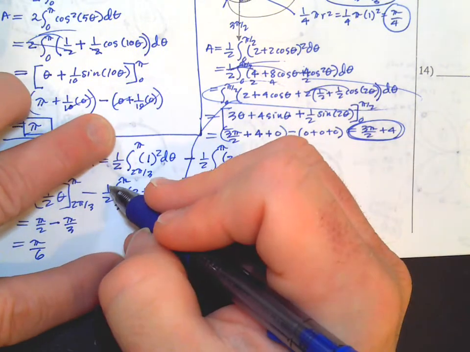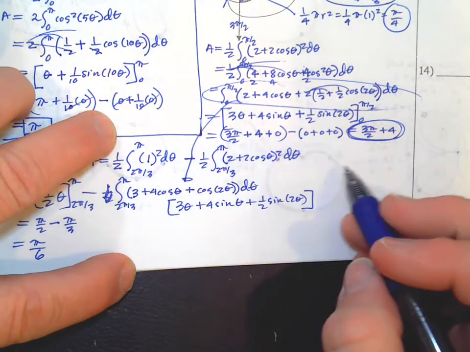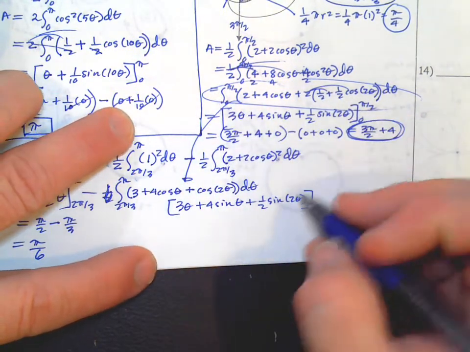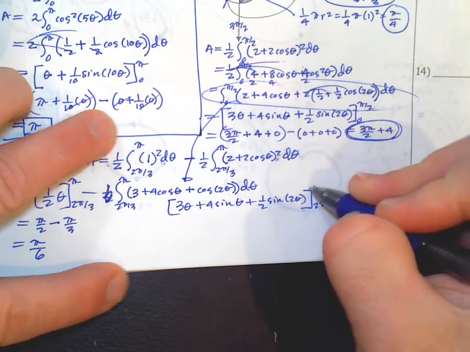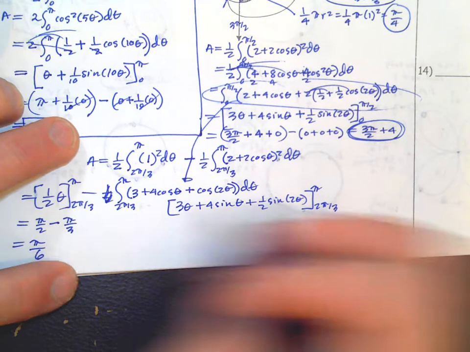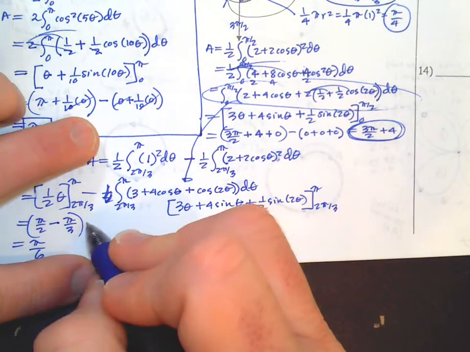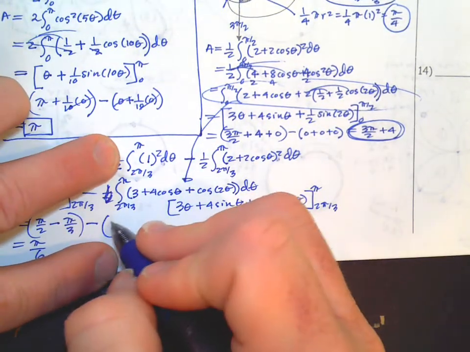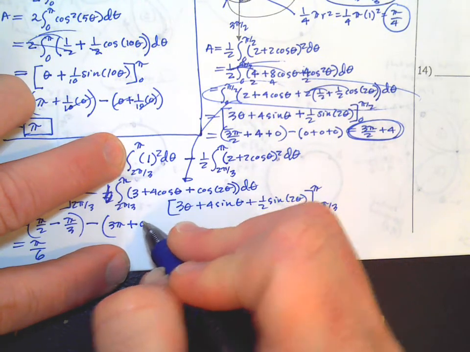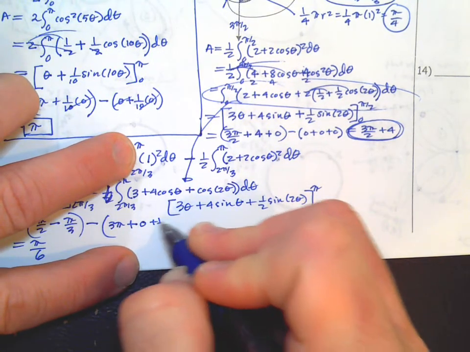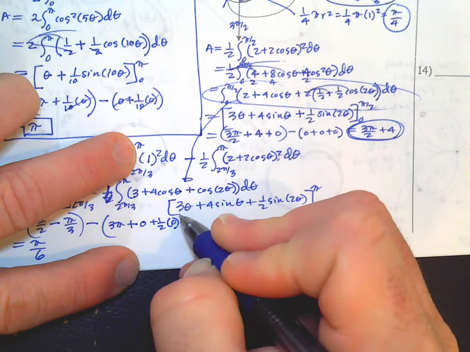And the 1/2, by the way, is gone at this point because we'd already taken care of that. And it's going to be from 2 pi over 3 to pi. And so now if we plug limits in, it's going to be 3 pi plus 4 times sine pi, which is 0, plus 1/2 sine of 2 pi, which is 0.